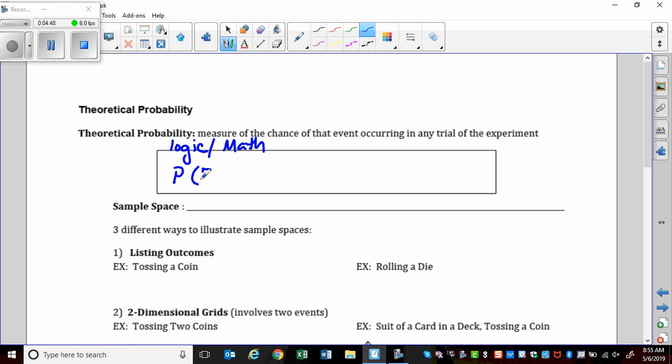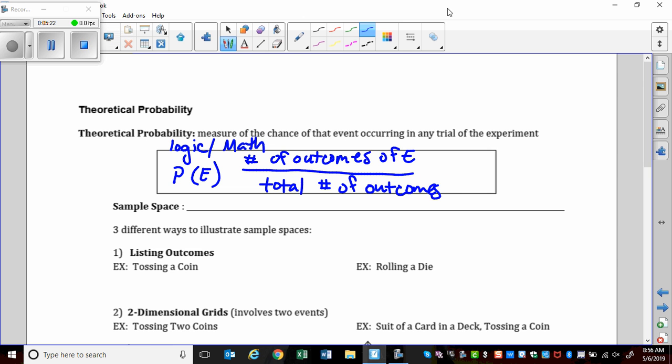We use P for the theoretical probability, which is the number of outcomes of E, whatever E is, your experiment, divided by the total number of outcomes. So the number of outcomes of E divided by the total. So like the likelihood. The sample space is a set of all possible outcomes of an experiment.